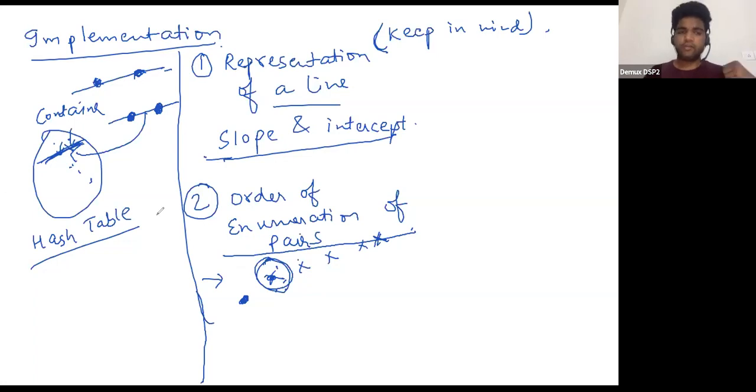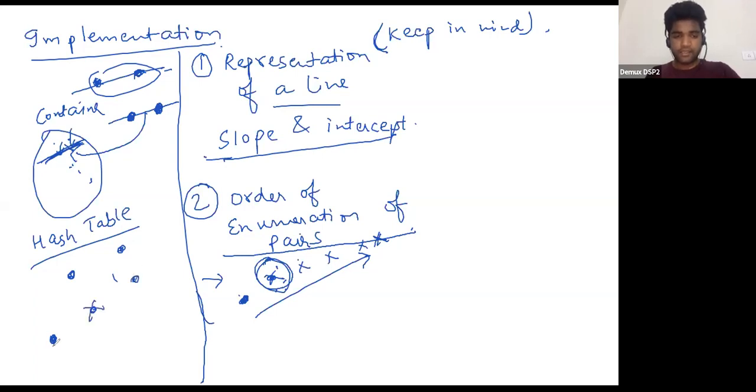Now, you will enumerate these pairs in a particular order, right? If I enumerate the pairs in this order, I'm not picking any two points randomly. I am fixing one point and then enumerating all lines for the other points, keeping this as one of the points and the other point as the other end of the line.